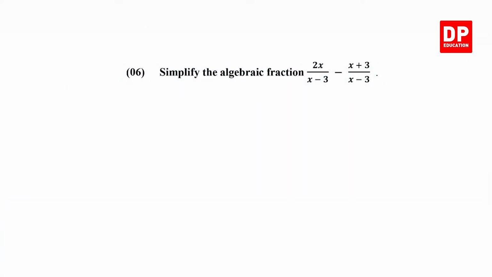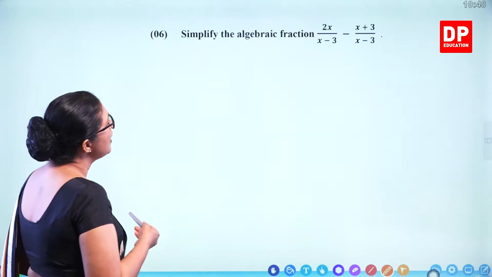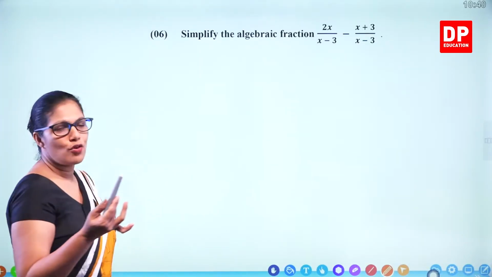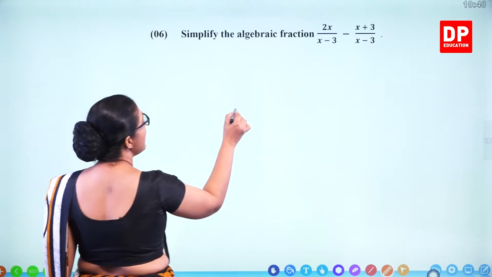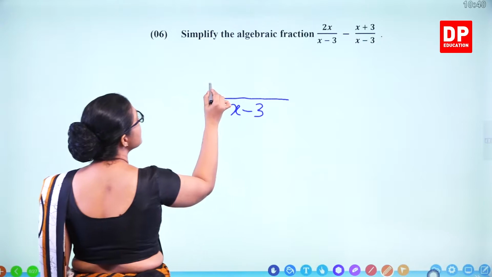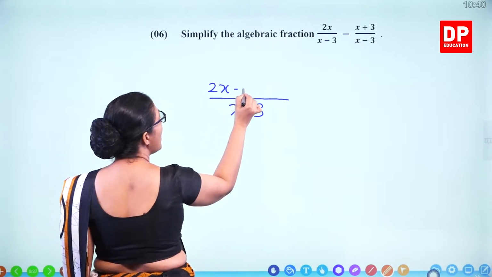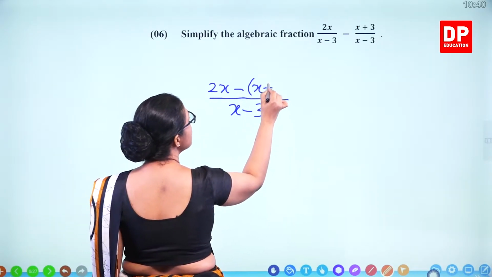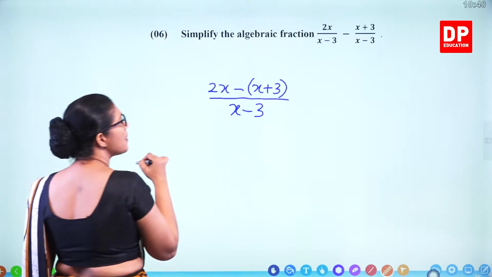Question number 6. Simplify the algebraic expression. The denominator is the same, so you can just subtract the numerators. 2x minus, make sure that you put brackets, (x plus 3).